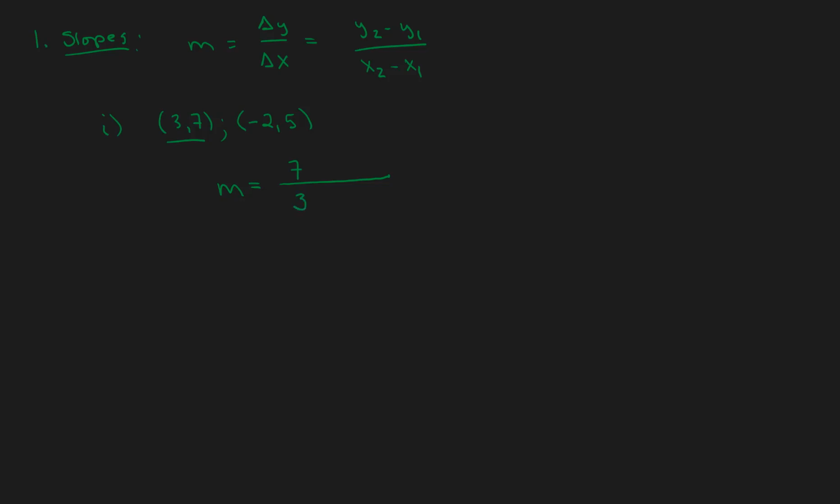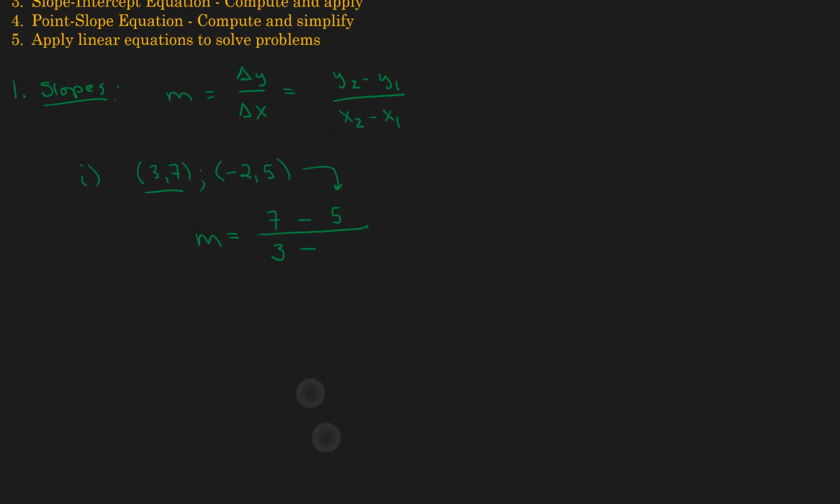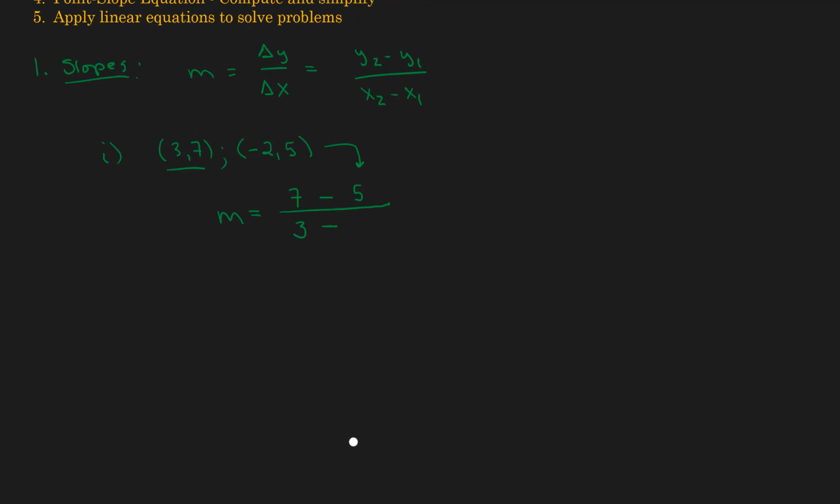So I have the 7 over the 3, and I'm going to do the minus and the minus. Then you incorporate the second point, which is going to be the 5 over the -2.